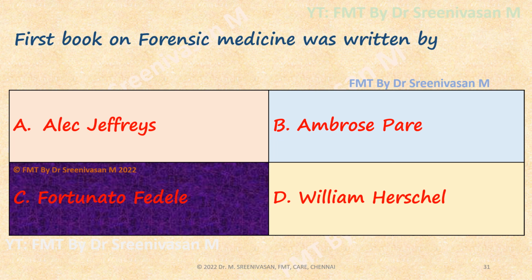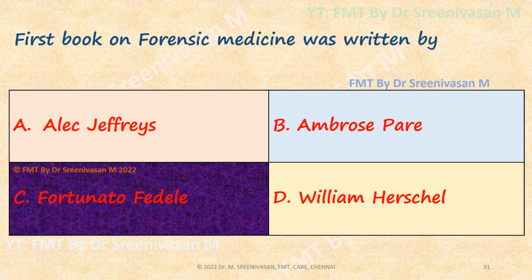And William Herschel is the one who applied the science of fingerprinting for identification purposes, and India's greatest contribution to the world in the field of identification is the application of these fingerprints for identification of criminals and for civil matters also. William Herschel is the one who first studied the various fingerprints and applied them for identification purposes.